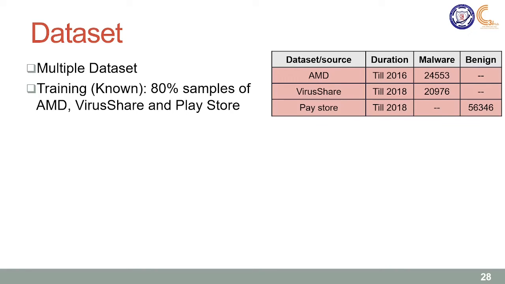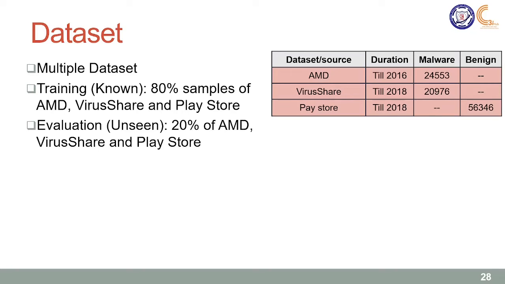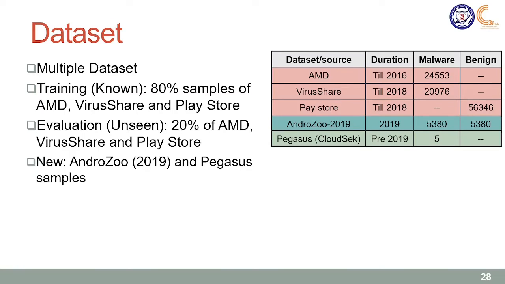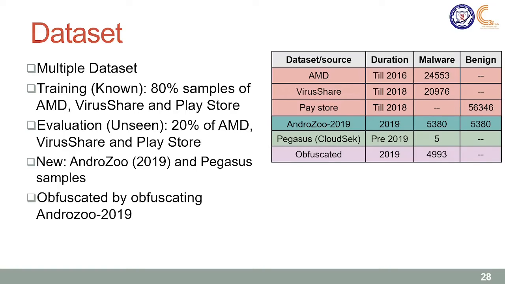For training or known samples, we randomly select 80% of samples from AMD, VirusShare, and Play Store datasets, and the remaining 20% as the evaluation set or unseen samples. For the new samples, we download samples from Android Zoo for the year 2019 and also use Pegasus samples for evaluation. For obfuscated samples, we obfuscate malware of Android Zoo 2019.